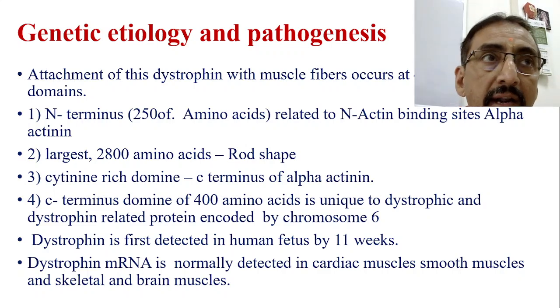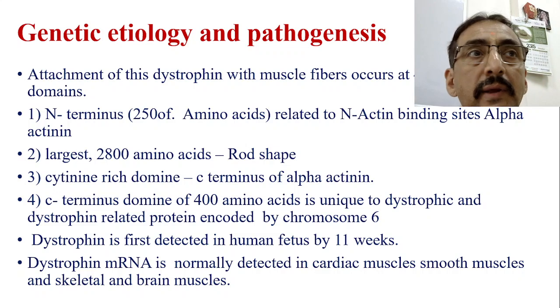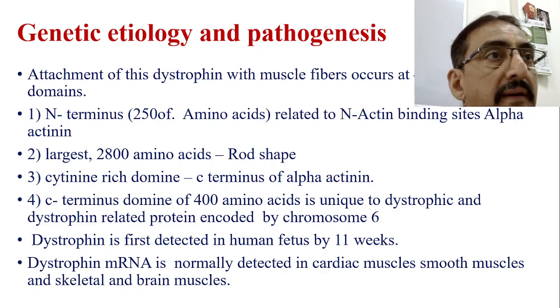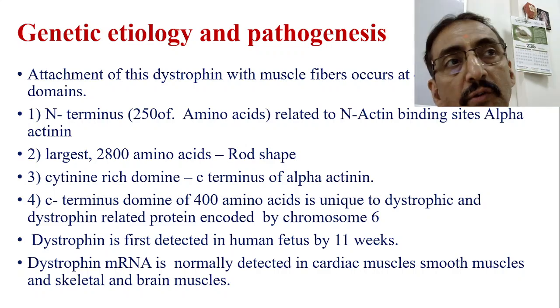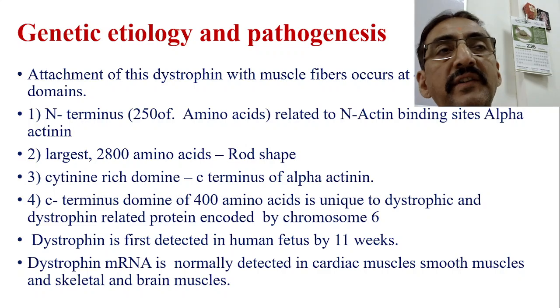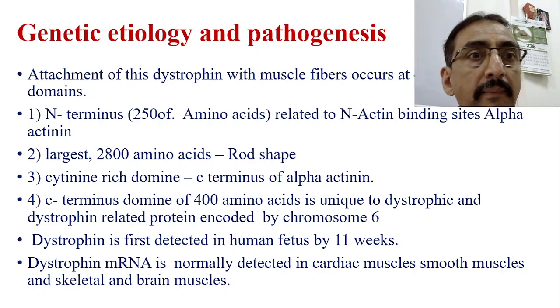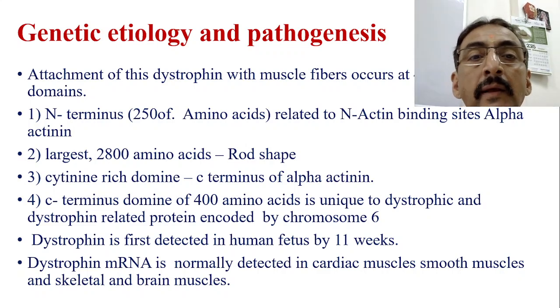Even the cardiac muscle is affected. Therefore CPK-MB is the very specific investigation we go for to find out whether the cardiac muscle is also affected or not. M stands for myocardium.